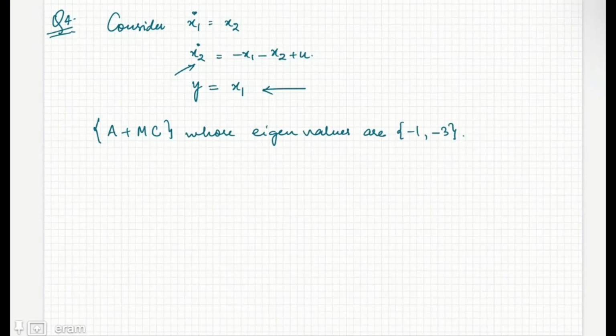So for this system we have constructed an observer such that the matrix A plus MC has eigenvalues of minus 1, minus 3. Find the estimator equations. So if that is the case, then what would be the equations of the estimator for this system?